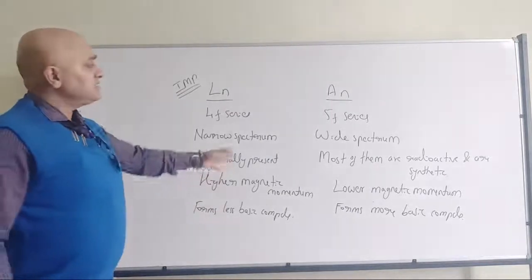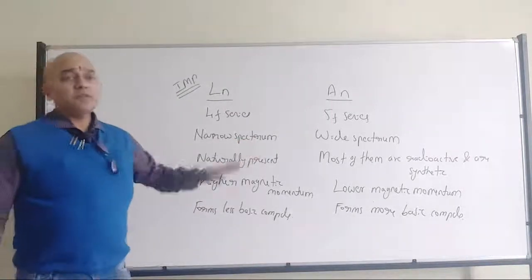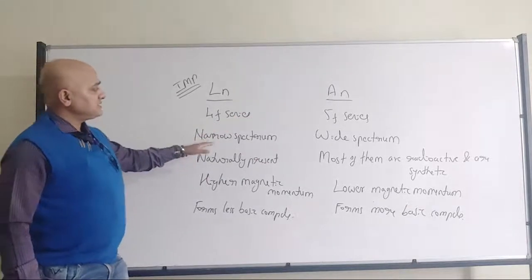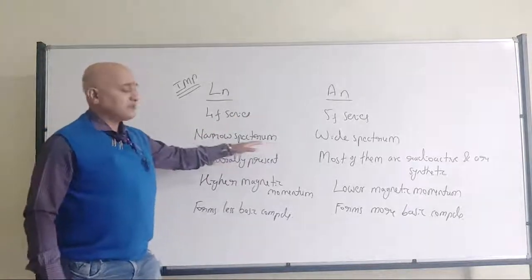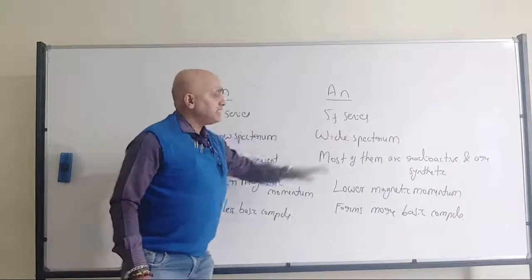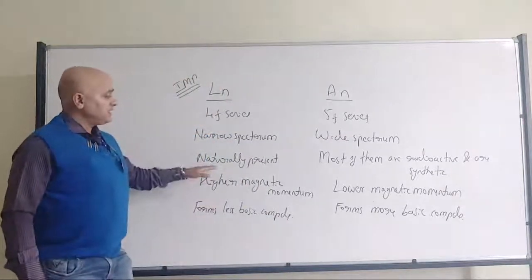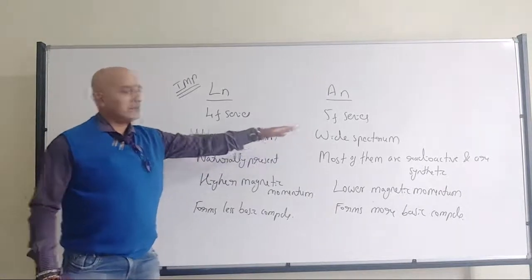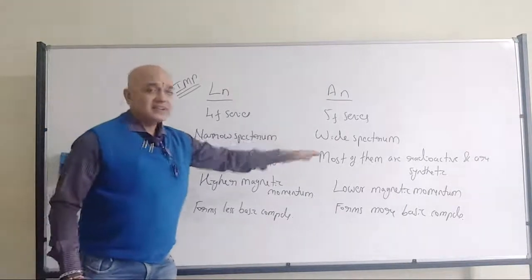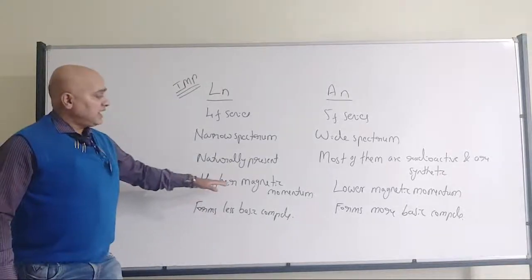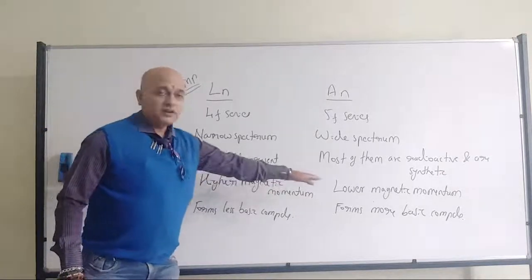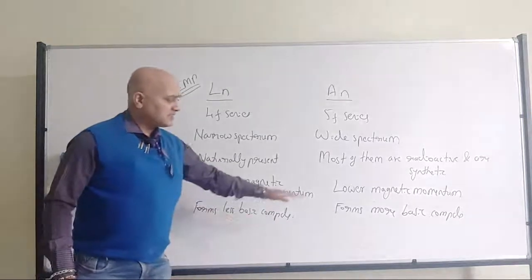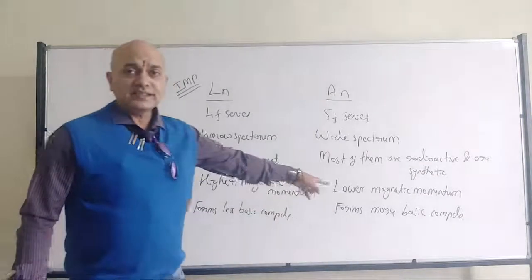These are some of the simple points which I have mentioned. 4f series, 5f series, narrow absorption spectra, wide absorption spectra. Here it is naturally present, but all of them or most of them are radioactive and all of them are synthetic. Then higher magnetic moment, lower magnetic moment, then forms less basic compounds and forms more basic compounds.